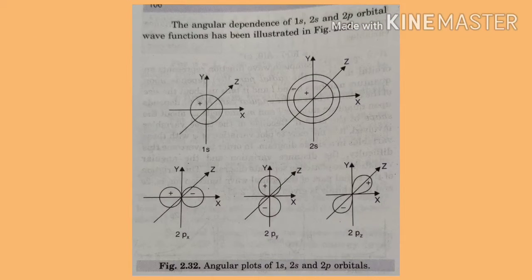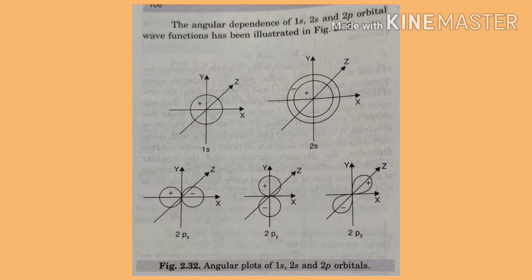The angular dependence of 1s and 2p orbital wave functions has been given in the figure. You can see for the 1s there is one sphere, for the 2s a big sphere, and the p orbitals are dumbbell shaped. This is the representation of the angular plots of 1s, 2s, and 2p orbitals. In the diagram, you can see the positive and negative signs.